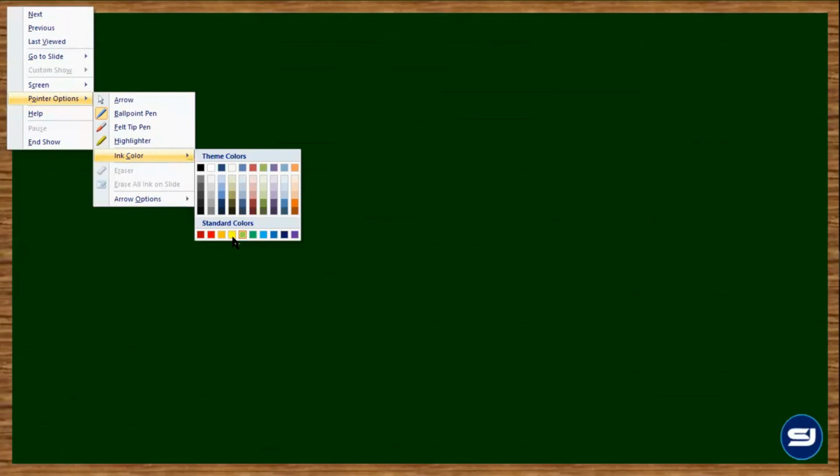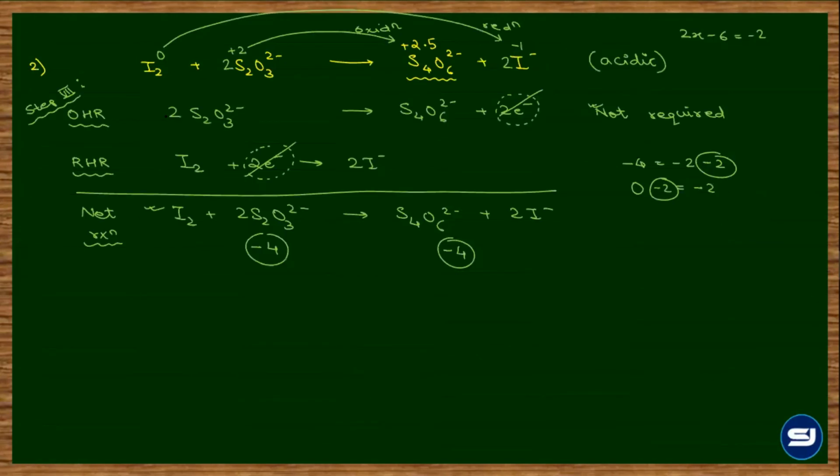I'll take one more example again in a shortcut manner. It is SnO2 2 negative. So in the last sum, was it required to do the OHR and RHR? Yes, the steps need to be shown, because the breakdown of the half reaction method में OHR and RHR तो लिखना ही पड़ेगा ना?